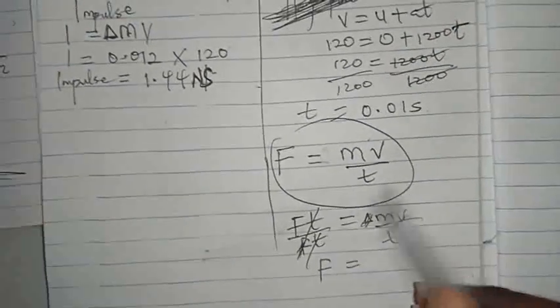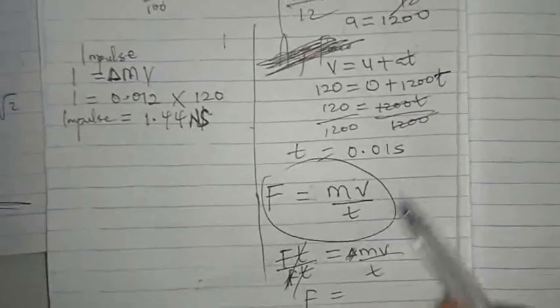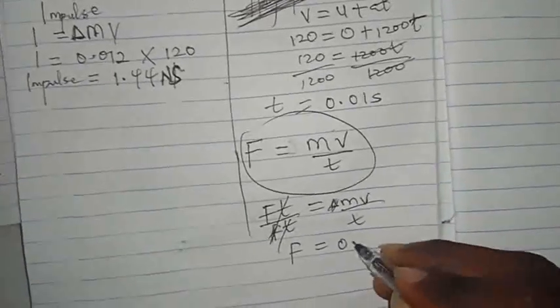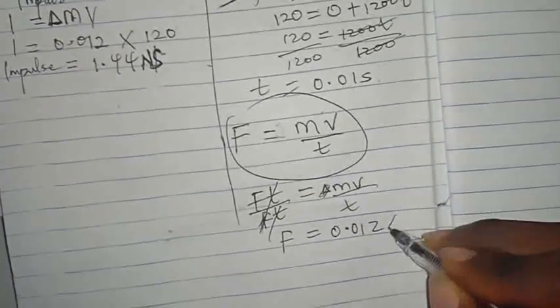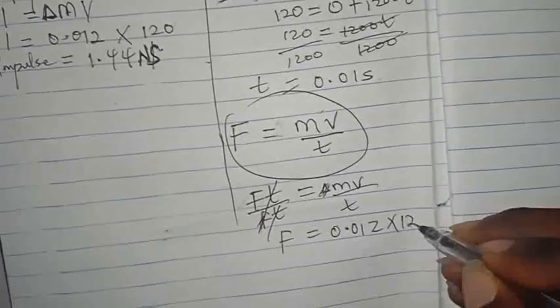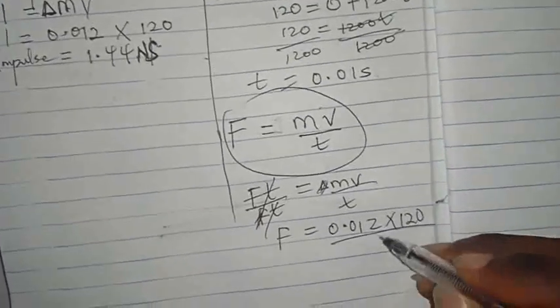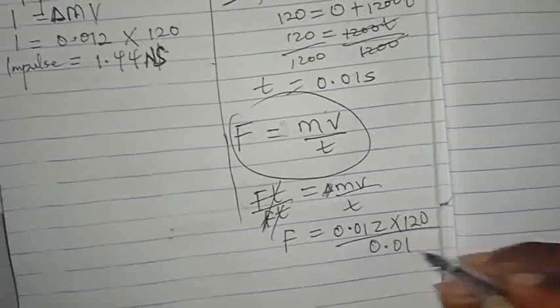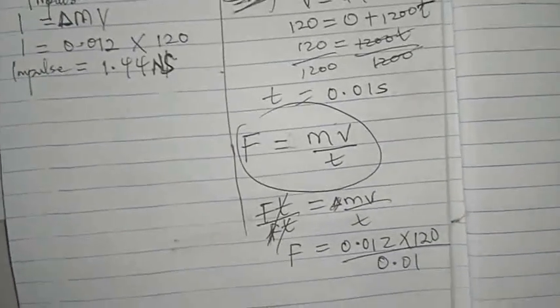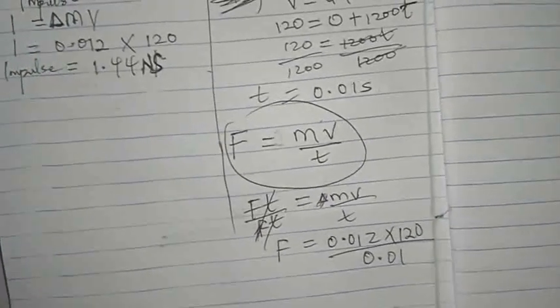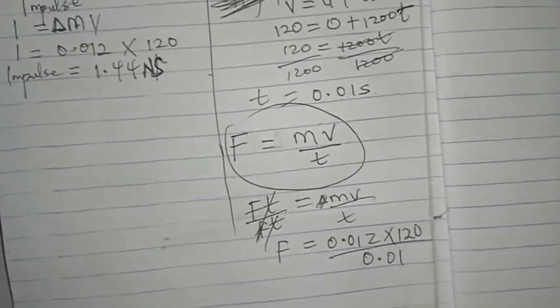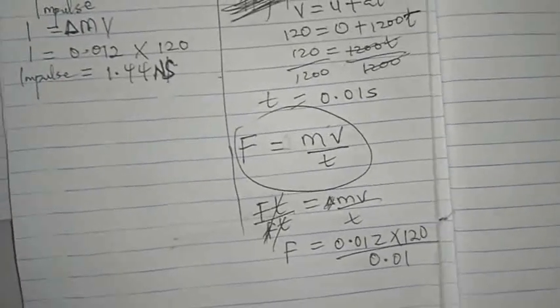So that you have F is equal to momentum over time. They gave us mass to be 0.012, then they gave us velocity to be 120, all over time, which is 0.01. So if you do it, you get 0.012 times 120.